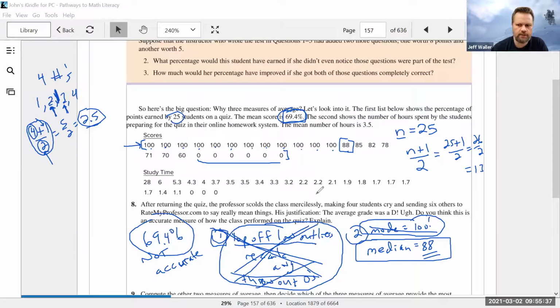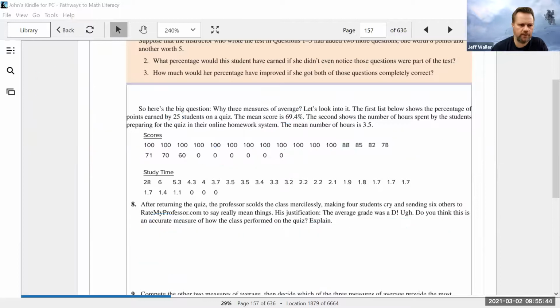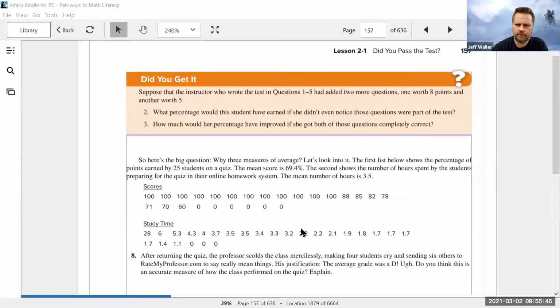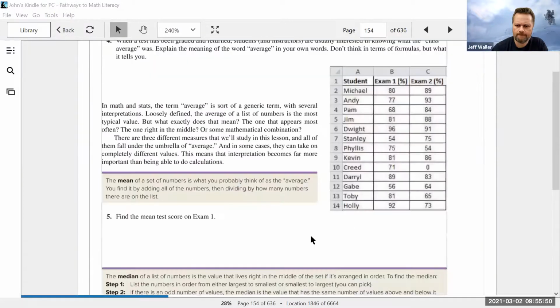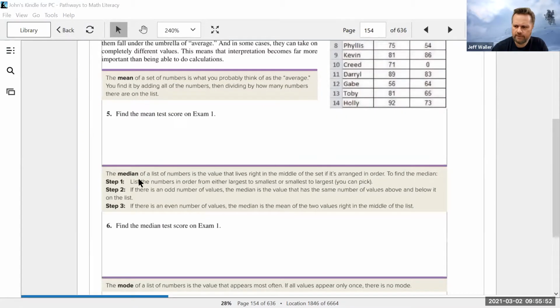All right, let me see. I'm going to clear this. I want to see if the book actually talks about that n plus 1. I don't think it does. Let me see where they introduce median. Yeah, they do talk about the even number.